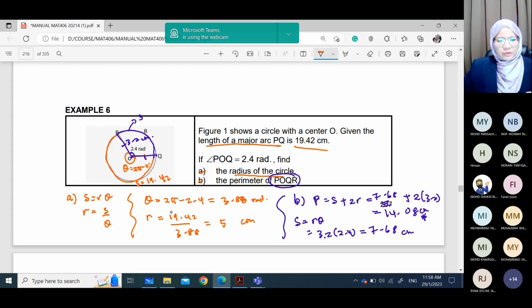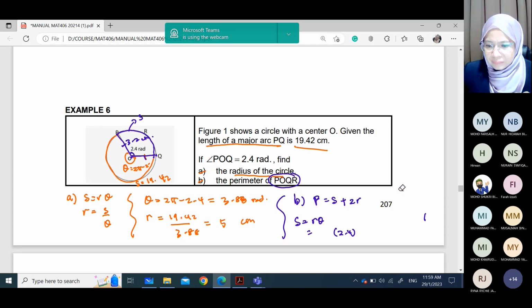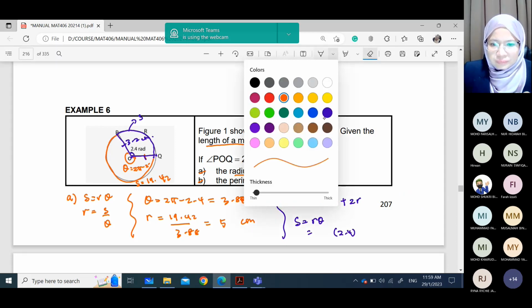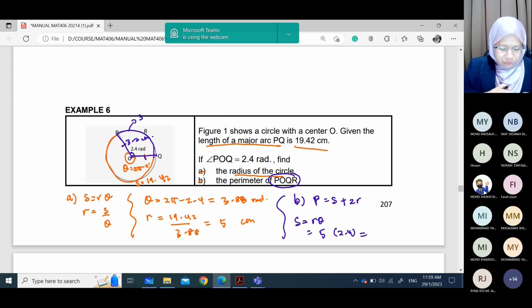Okay, this one was wrong. What did I put earlier? 12. So for this one, R is 5 cm. 5 cm multiplied by theta, which is 2.4 radian. So the length of S, the minor sector, is 5 times 2.4, which is 12 cm.